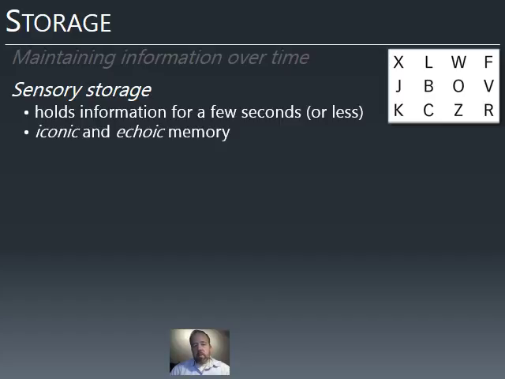And if this grid were flashed very quickly, you would still have a very short, but nevertheless, a memory of those sensory stimuli. So they're not totally gone, even if the stimulus is flashed very briefly. Your senses still have some residual activity. So you still have access to that information for a very short while, but for a little while nonetheless. So iconic memory corresponds to vision. Echoic memory corresponds to the auditory system.